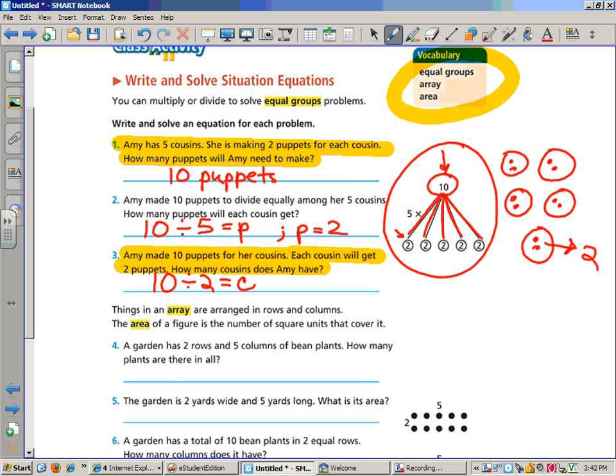Or you could go into that drawing and say, I know I have 10 puppets, so let's see, I can give a group of 2, then another group of 2 is 4, another group of 2, that's 6, another group is 8, another group, that gives me 10, and that's 5 groups. Okay, so it's going to give me C equals 5 cousins. So that's another way of doing equal grouping for all those different situations.